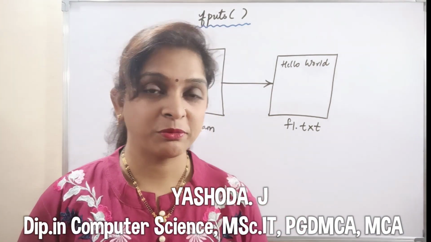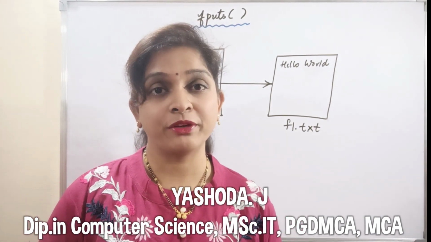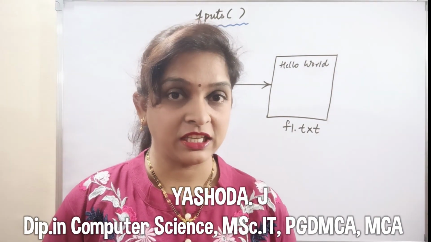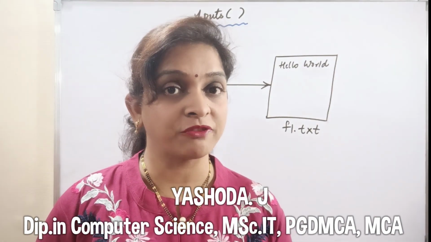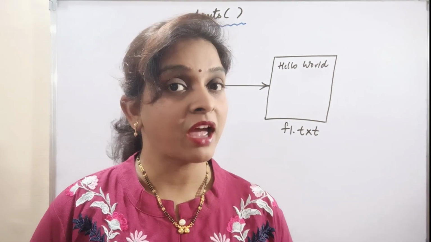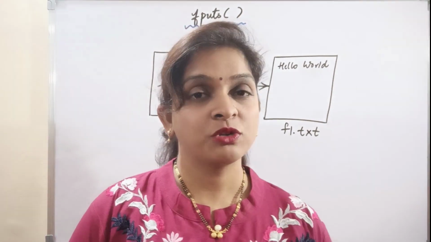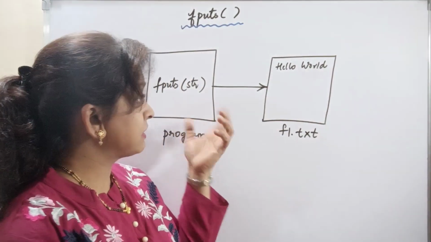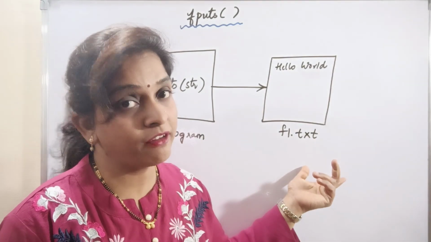In the series of learning programming in C, in the previous video, we discussed fgetc. That is how to get the data from the file character by character, with the program and execution. In today's video, we will learn how to put an entire string to the file.